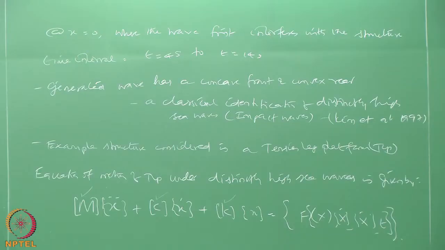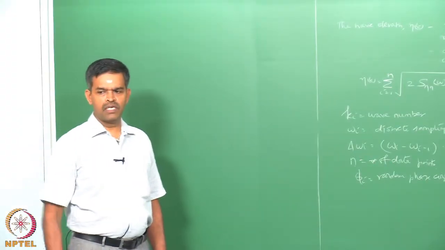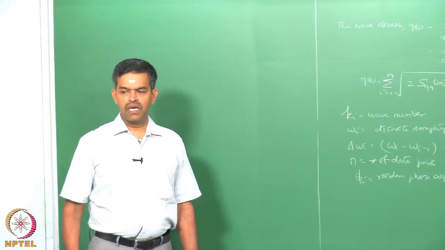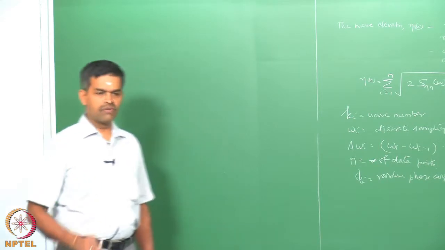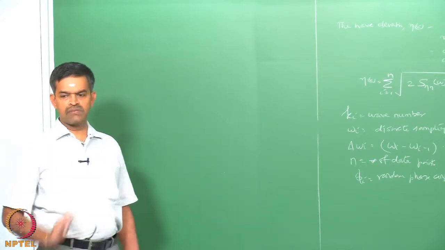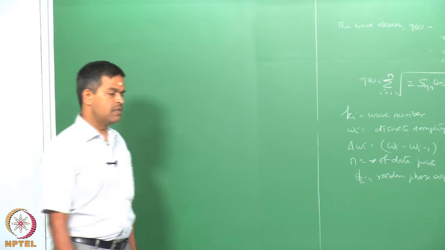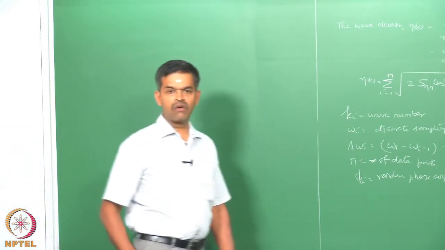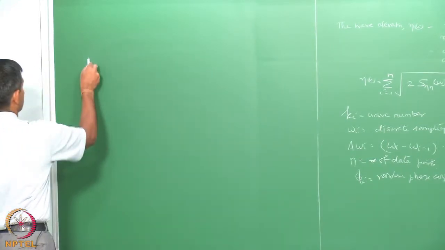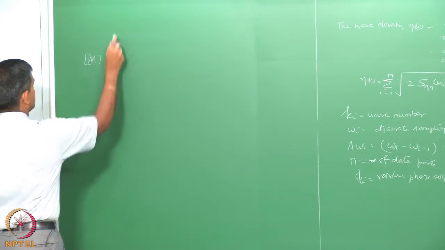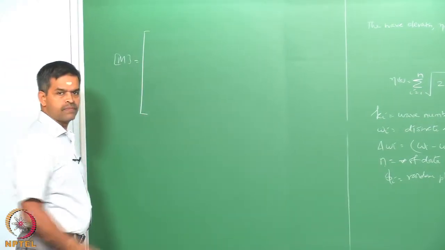The structural mass is assumed to be lumped at specific degrees of freedom points, and therefore, it is going to be diagonal in nature, because we all know when the structural mass is lumped at the points where degrees of freedom are marked or measured, then the mass matrix will be diagonal. So, the mass matrix in this specific case is going to be like this.